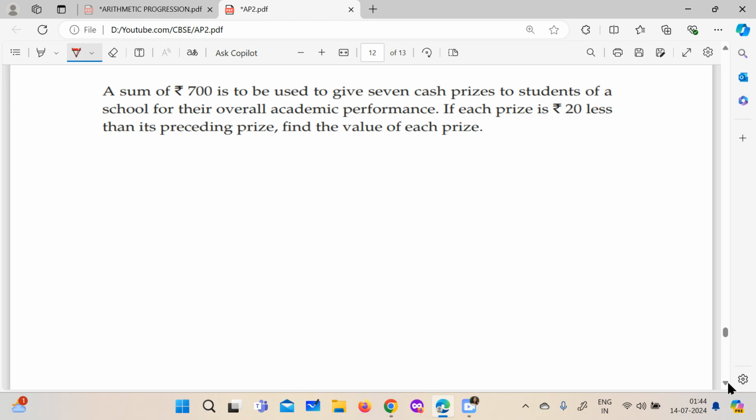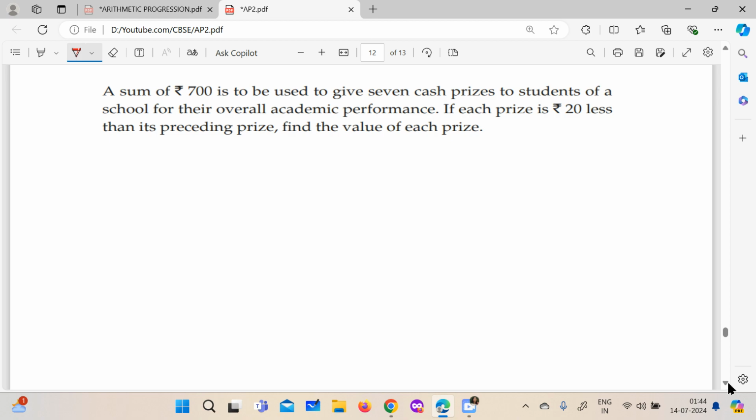If each prize is rupees 20 less than its preceding prize, find the value of each prize. Okay, so understand the question first.